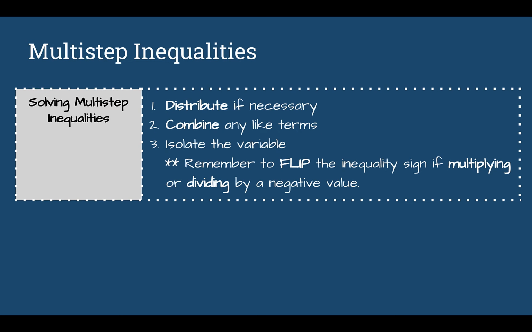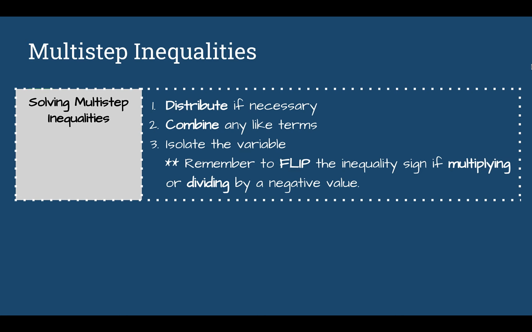Just like solving simple inequalities, we follow the same steps that we did when solving equations. Multi-step or complex inequalities, we're going to solve the same way that we did complex equations. The steps are the same.